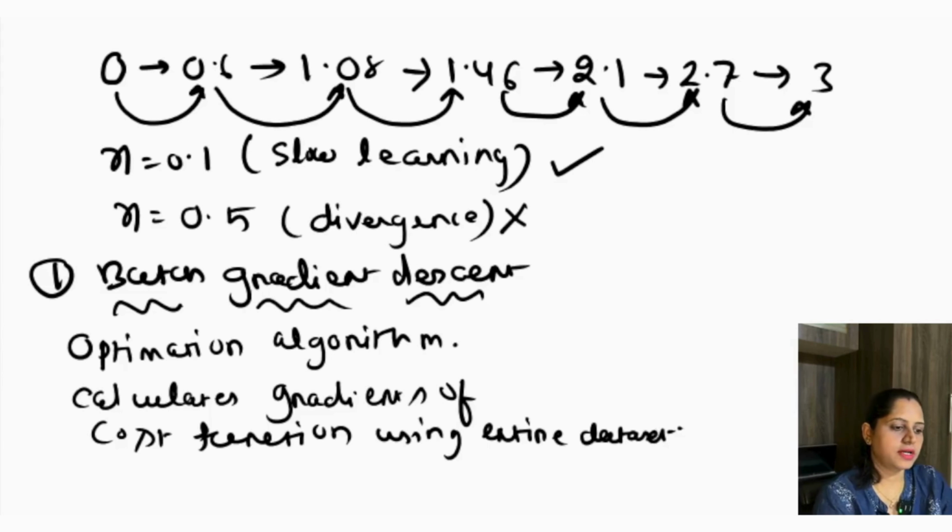So it calculates the gradients of the cost function, because we know the loss function or cost function is what we have seen in the calculation. And here the entire data set is being used.